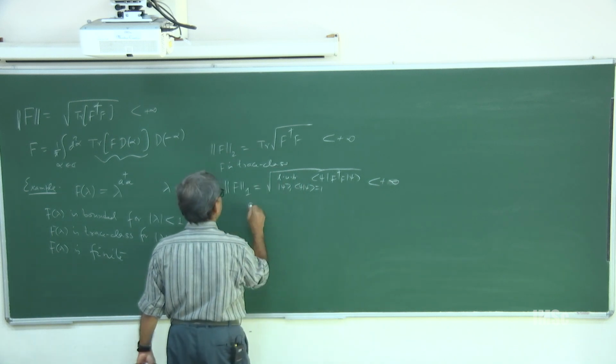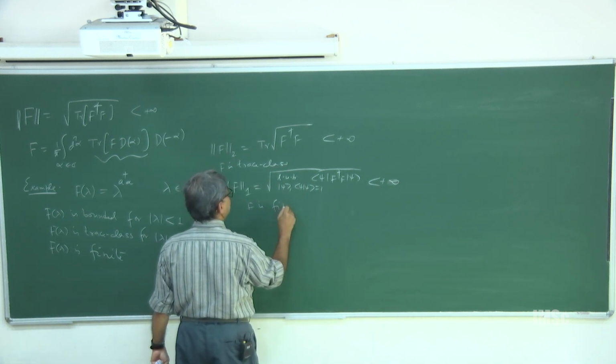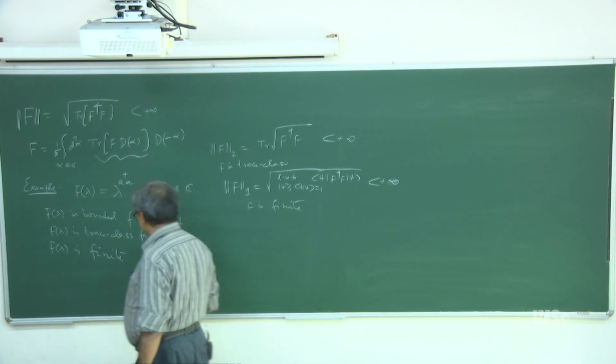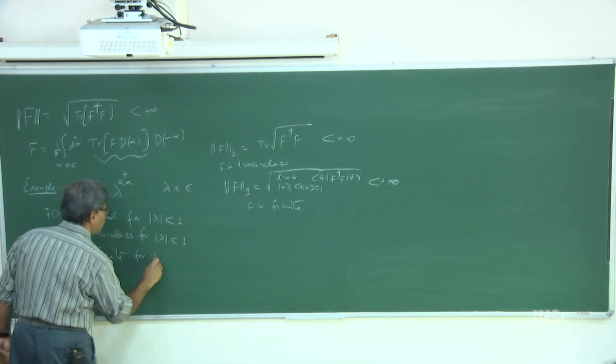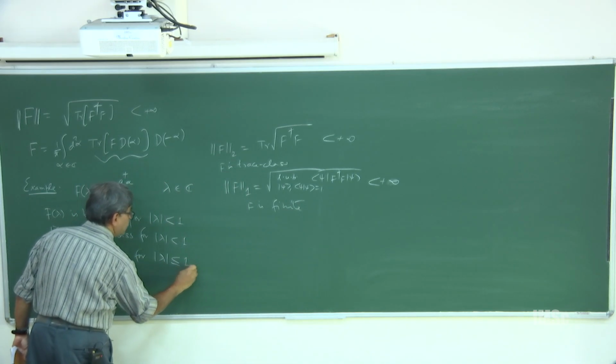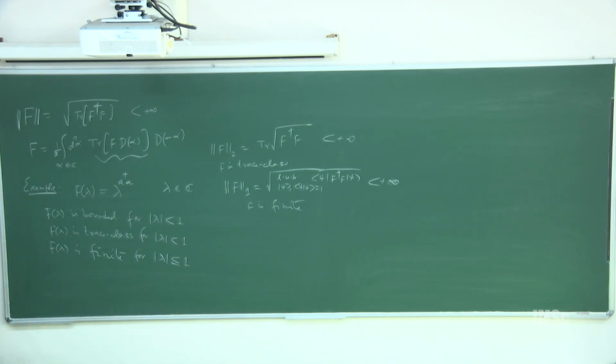Then we say that f is a finite operator. So, this is finite for lambda less than or equal to 1. This is what we discussed last time.